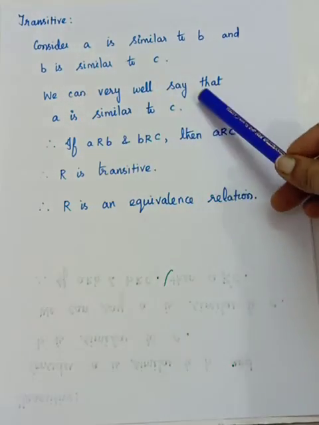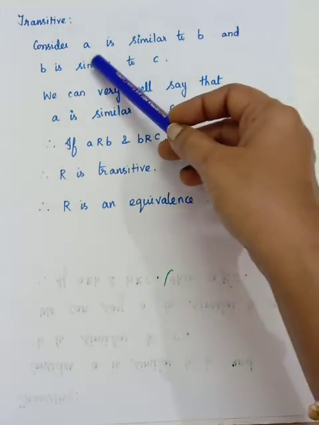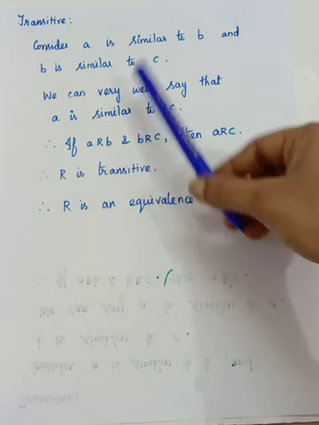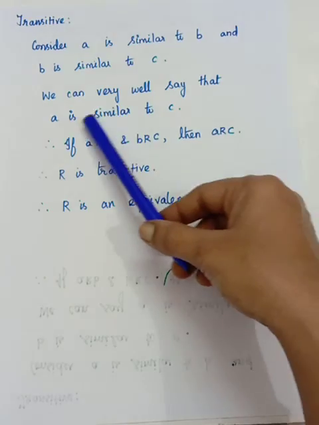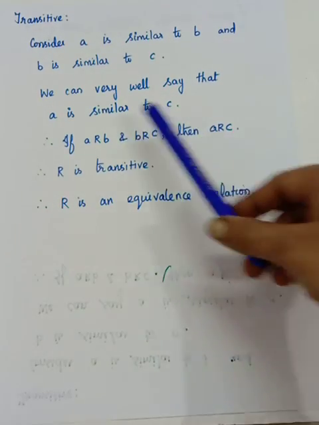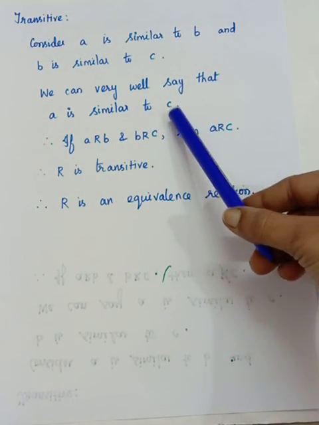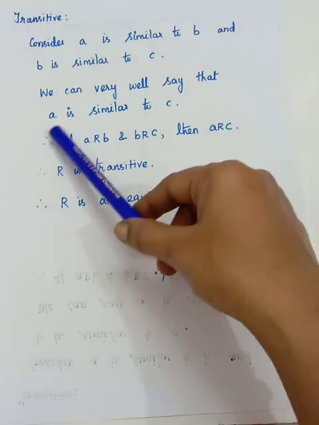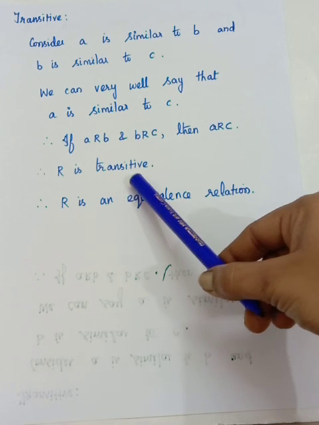We can very well say that A is similar to C. A is similar to B means A is related to B. B is similar to C means B is related to C. If you consider these two, here what we can say? We can say that A is similar to C. A is similar to C means, according to this problem, A is related to C. So the transitive condition is satisfied. So this relation is transitive.